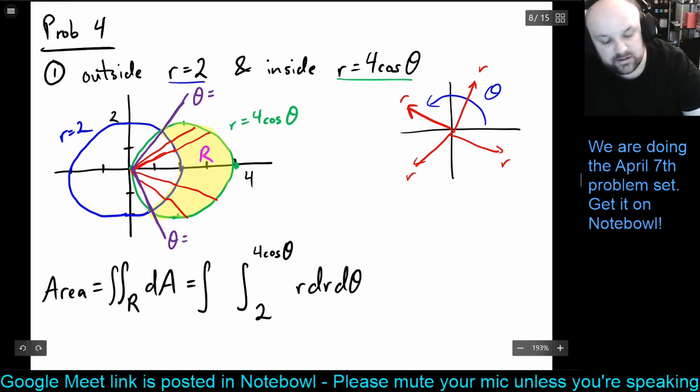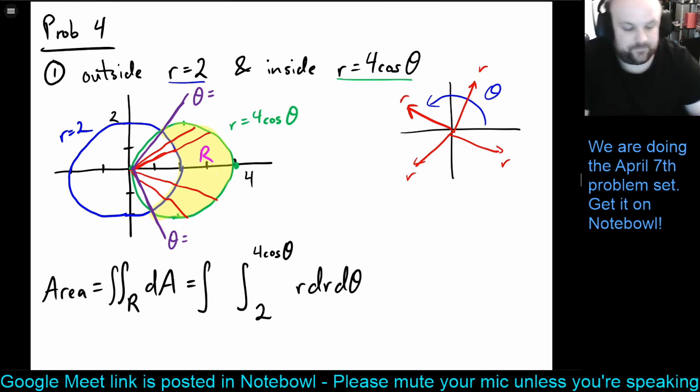So we need to figure out what's a good theta value here, what's a good theta value there. Well, this is where the two graphs intersect, so we're going to do what we always do to find where two graphs intersect. We set the two equations equal to each other, or plug one into the other. So here we have r equals 2, r equals 4 cosine theta.